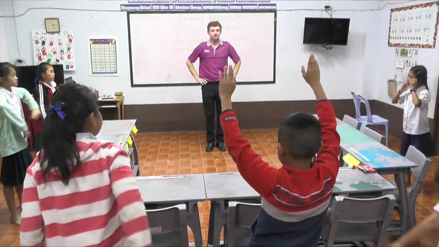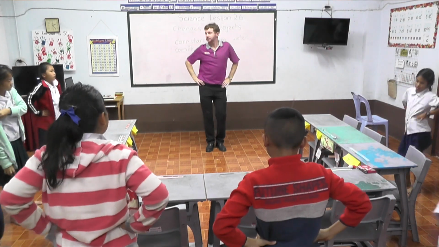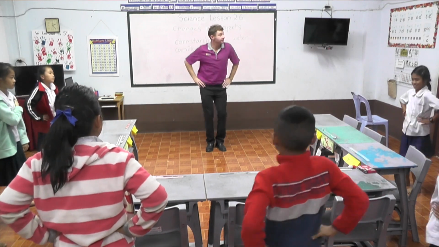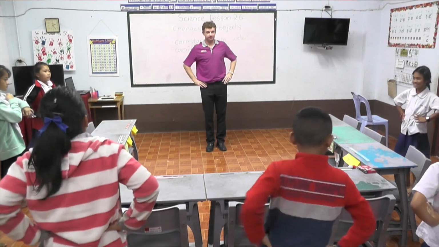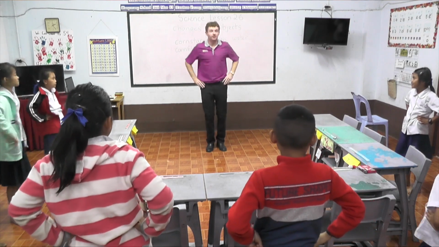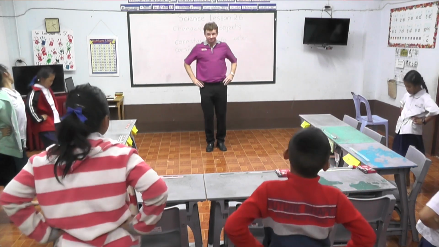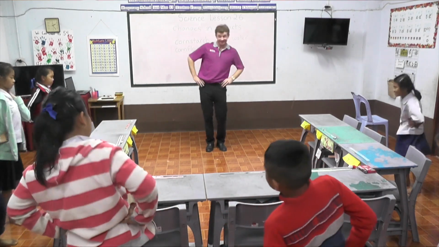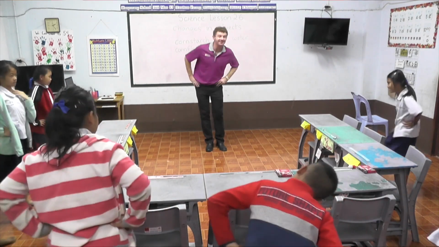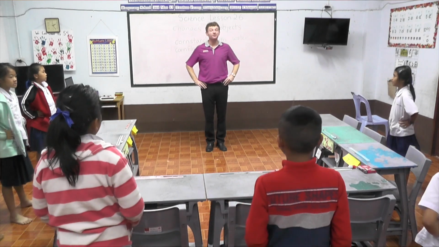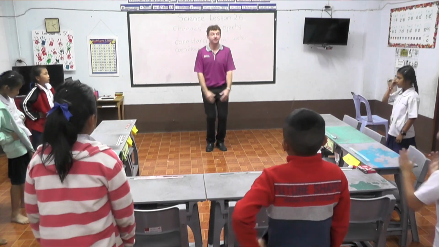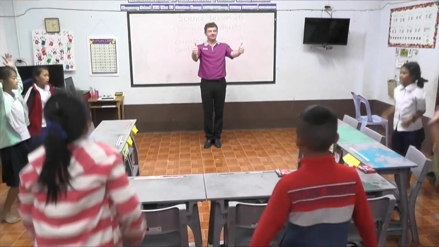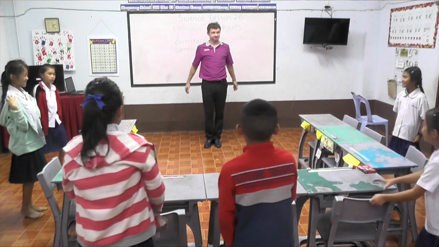Hands on hips. Give a little wiggle. Stop. Another little wiggle. Stop. Forwards and backwards. Stop. Round and round. Excellent, guys. And to finish, we'll do 3 star jumps. 1, 2, 3. Excellent. Please have a seat.